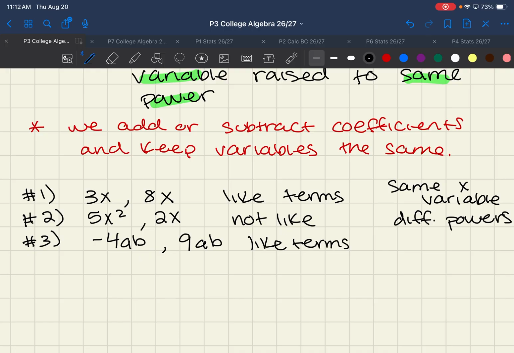They both have ab, the same variables. What if one had a and the other had b? It wouldn't be like terms. What if one has a and the other one has ab? Not the same. So even if they have one variable the same, they're not like terms unless they have all the variables the same.